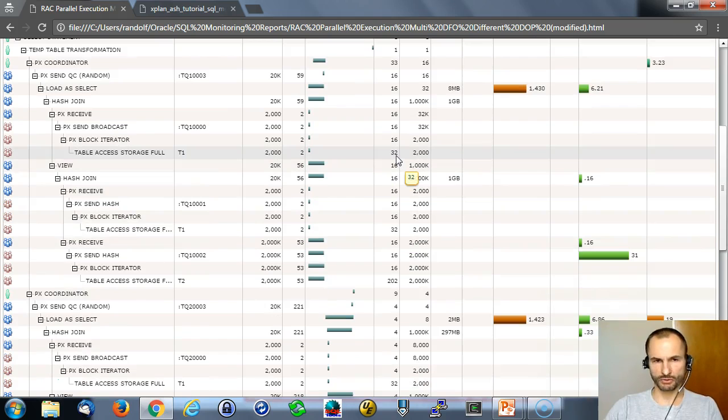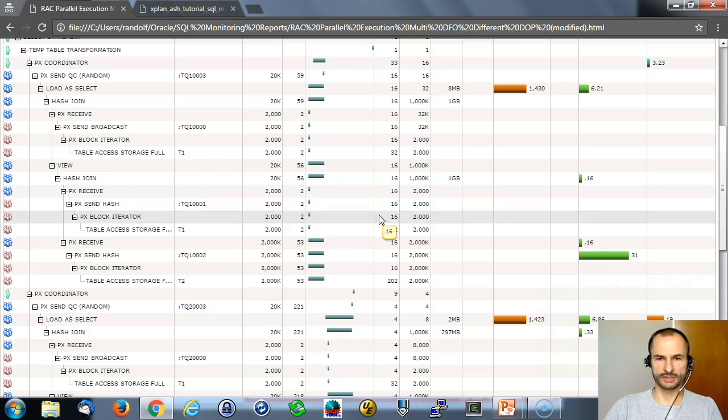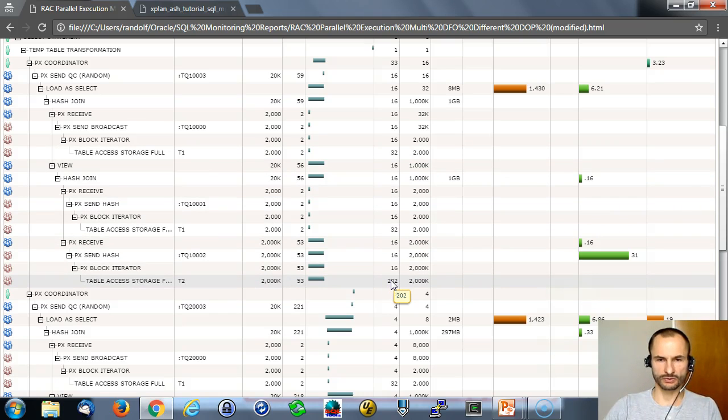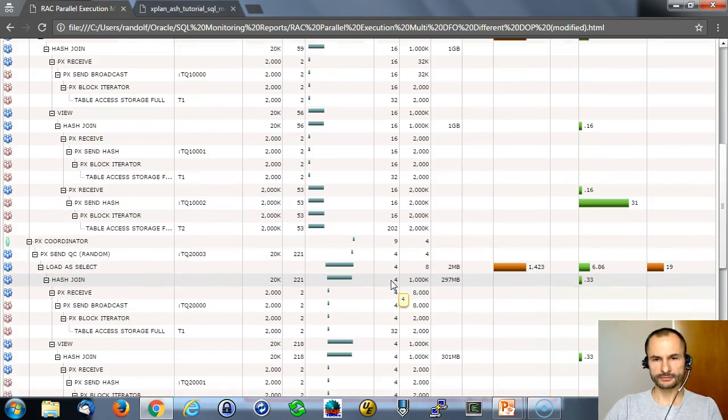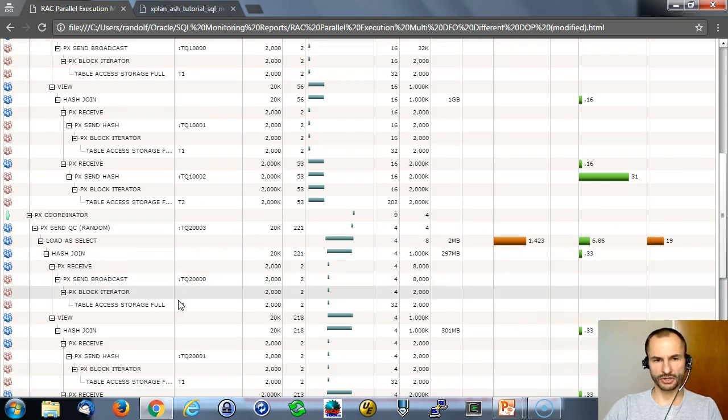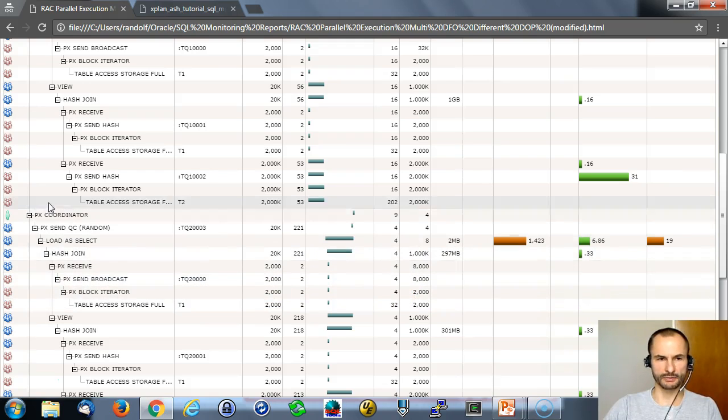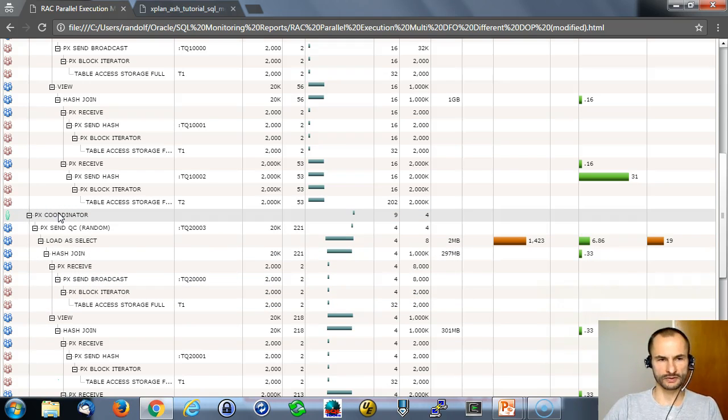There are operations that are executed more times due to chunking. So as many chunks as there are, that many times this gets executed, like this here, where 202 chunks were created dynamically. But you can see here that these operations are executed only 4 times. So this is this other DFO tree, this PX coordinator, which indicates the root node of another DFO tree. And it actually ran at a different degree. So this is actually possible.